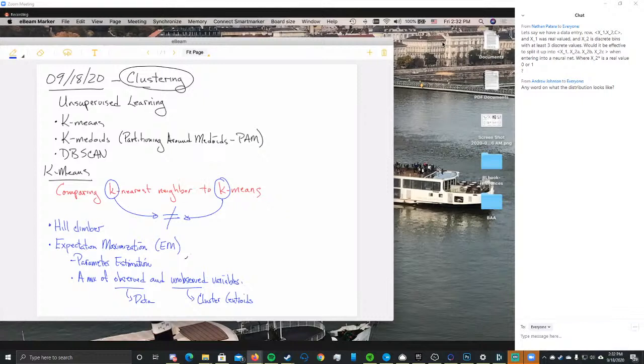When we have this mix of observed and unobserved variables, these unobserved variables are also sometimes called latent variables. And so the clustering problem is essentially a latent variable modeling problem where you're trying to estimate the parameters for those latent or unobserved variables. And that's why expectation maximization, or EM, can be applied here.